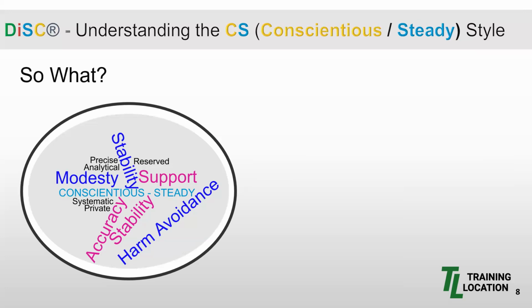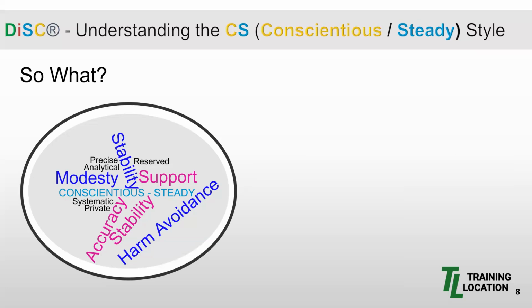So what? Well, the so what is for the CS to consider how they would increase their effectiveness, the overall goal of our style identification. At a glance, the CS tends to be more moderate in nature, leaning toward middle of the road approaches. They describe themselves using words like peaceful or calm or serene.